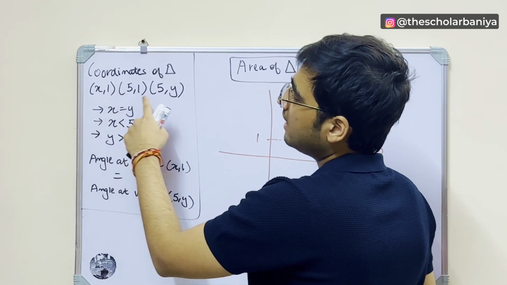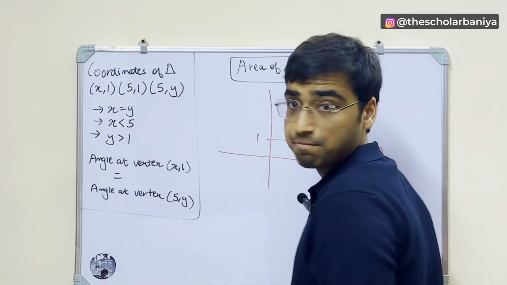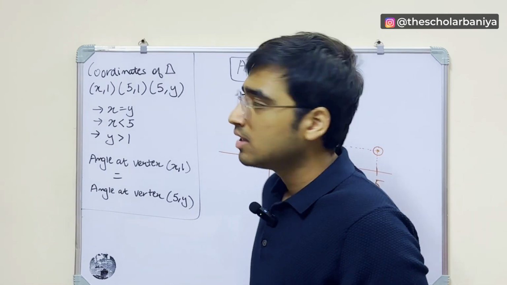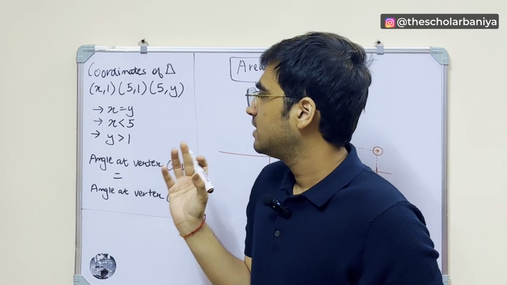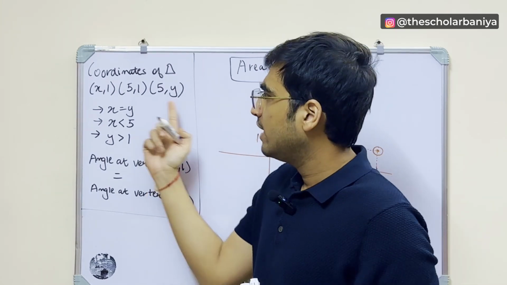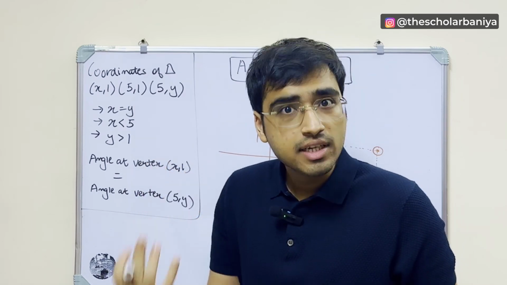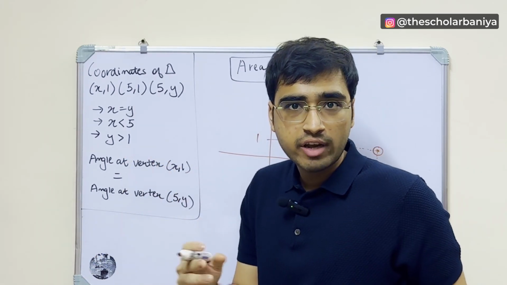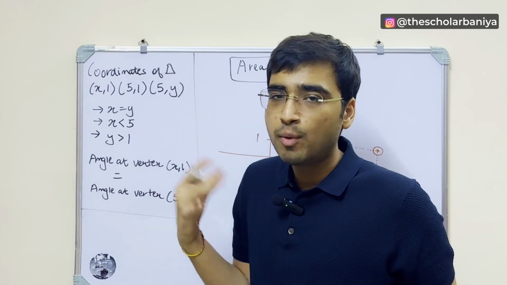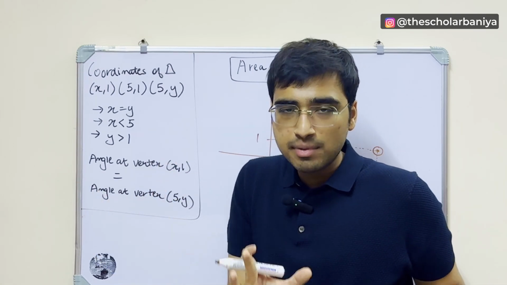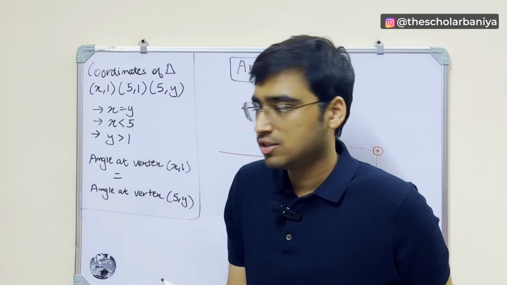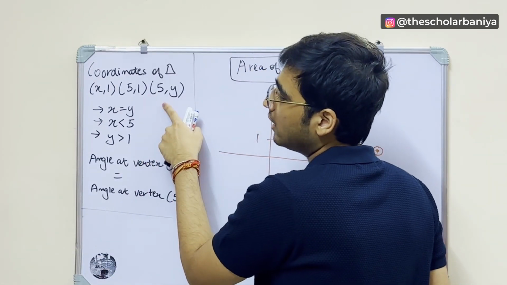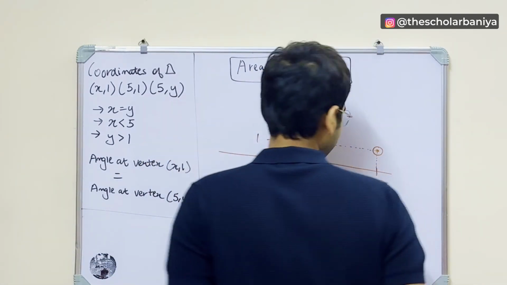The other coordinate is (5, y), right? And y is greater than 1, which means, for example, something like (5, 2), (5, 3), (5, 4), or (5, 1.1), (5, 1.6), (5, 2.8), anything. But for simplicity, let's take integers, right? So the other point is (5, 2), (5, 3), let's say.